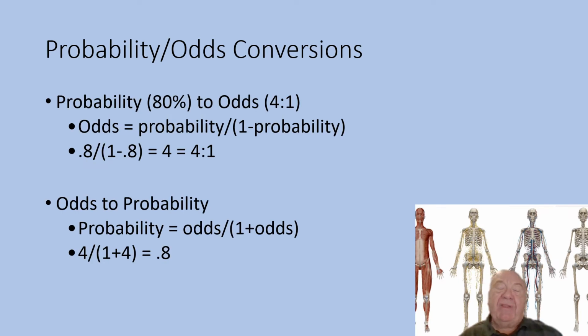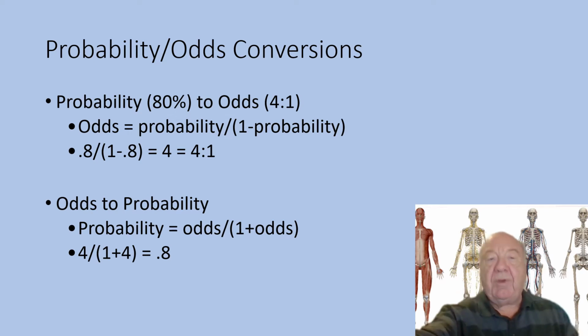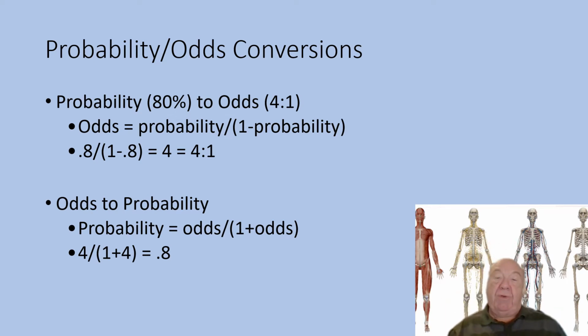Just to give you an idea, this isn't something you're going to be doing, but you can convert probability to odds, and you can reverse the conversion, odds to probability. And this is just the formula for doing it. There are times when it needs to be done, not necessarily by you, but for example, if you're dealing with probability for likelihood ratios, these probabilities need to be converted to odds.